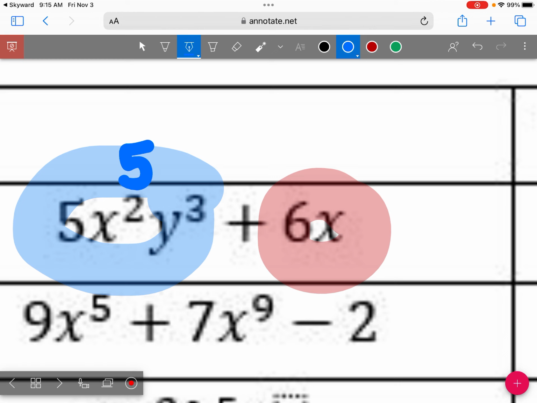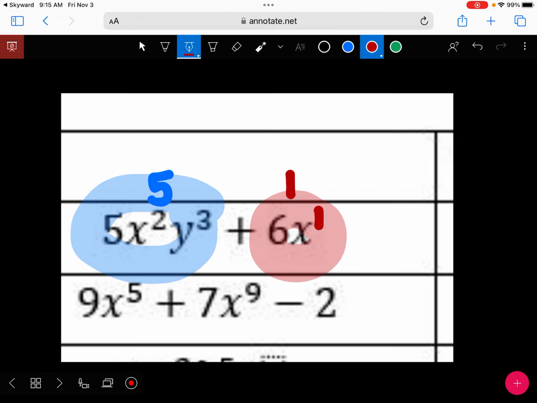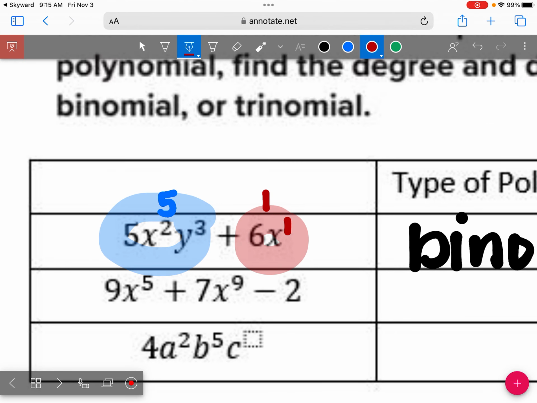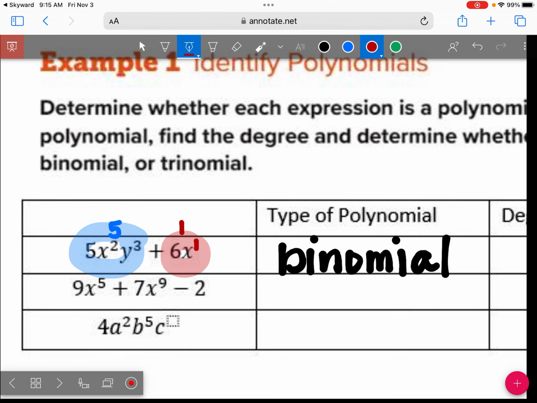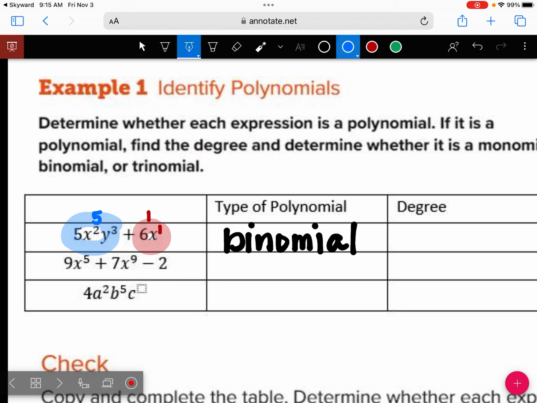And the second term only has one variable, has an exponent of 1, so the second term has a degree of only 1. So which one is higher, 5 or 1? 5. So this would be a 5th degree binomial.